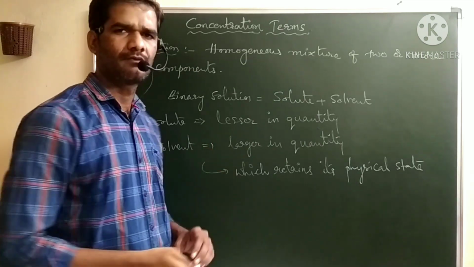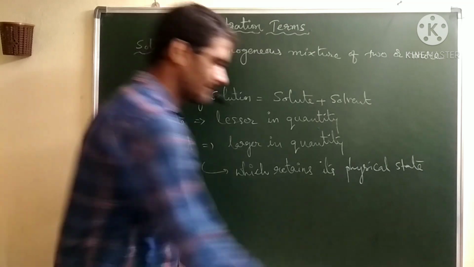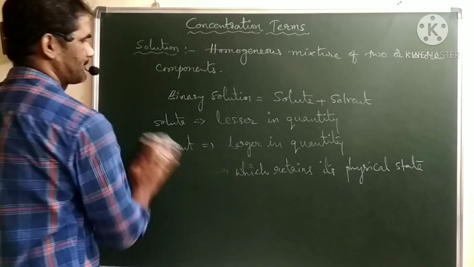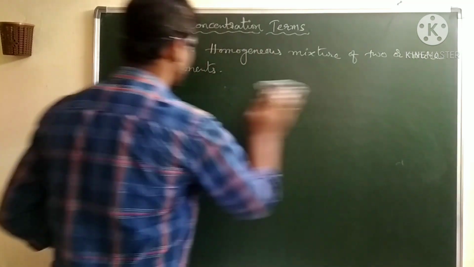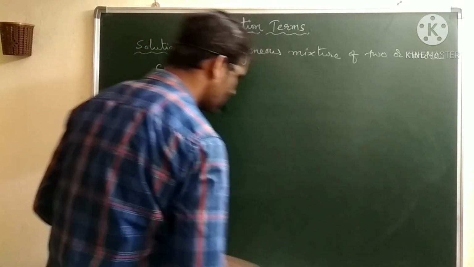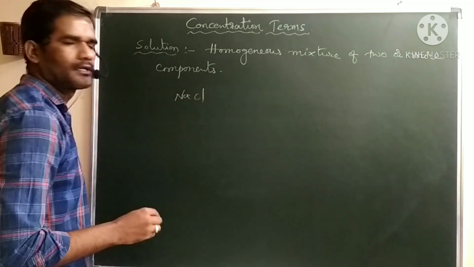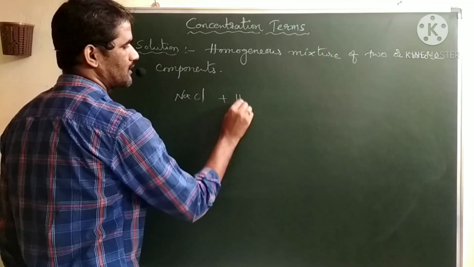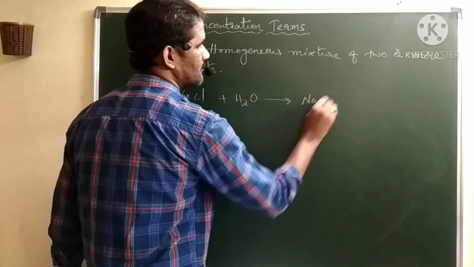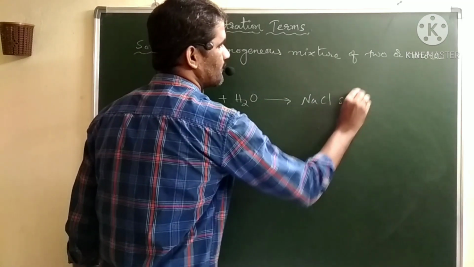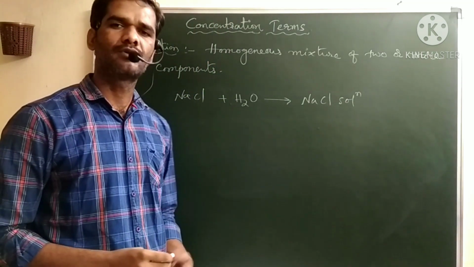Let us take one or two examples to explain which is a solute and which is a solvent. See here, I'll take a basic example. Let us take sodium chloride. If we add some amount of sodium chloride to water, we will get sodium chloride solution.